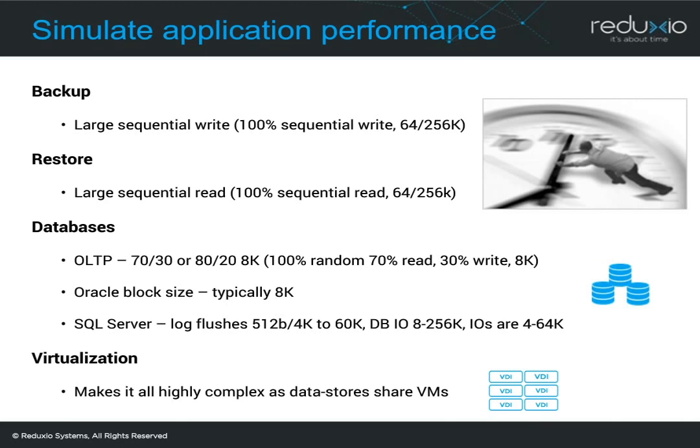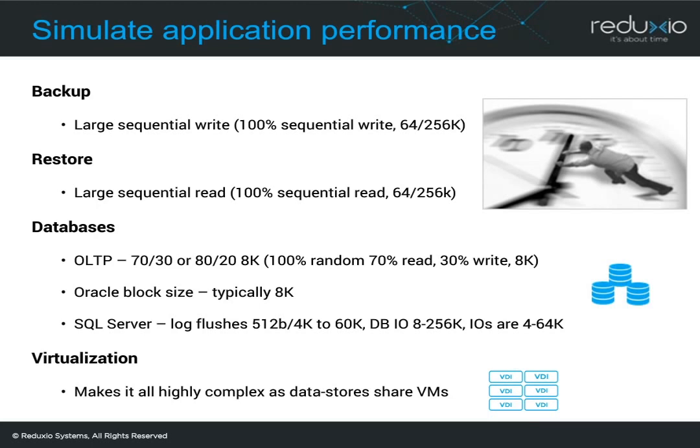Databases: typically, the general rule of thumb is an OLTP type of workload of 70% read, 30% write, or an 80-20 configuration, with 8K I/O, depending on the database type. Oracle has a default of 8K, SQL Server has various different workloads, and it depends on how you want to simulate them, how sophisticated you want to go, and the tool. Some of the commercial tools that Tony mentioned are capable of performing a real database workload, so you don't need to think about these at all.